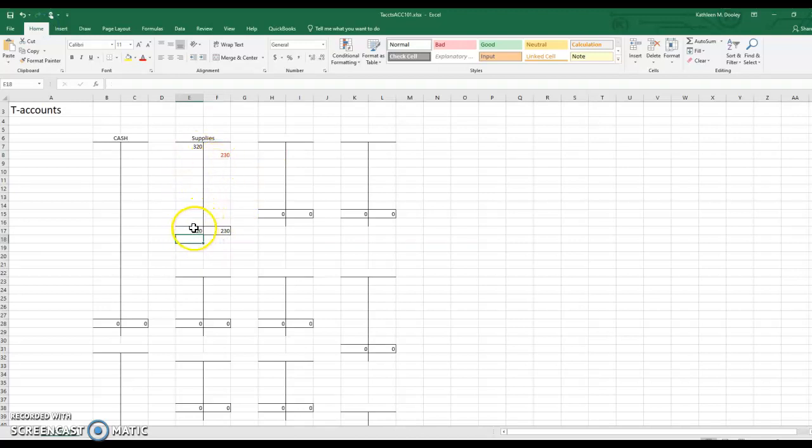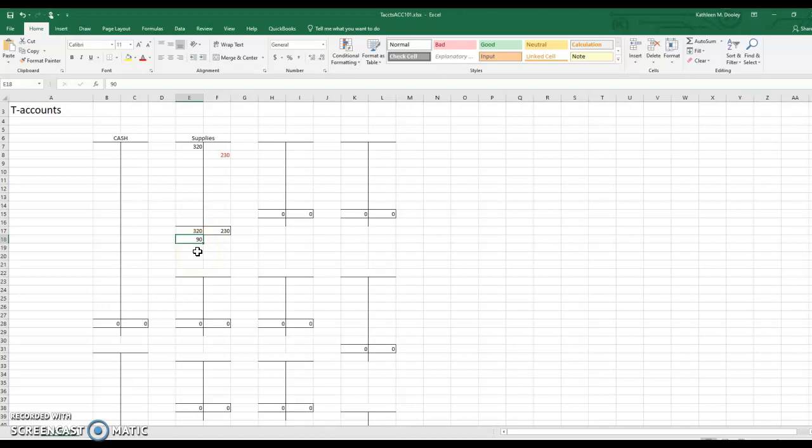We have $320 debit footing, $230 credit footing, big number minus the small number, and put it on the side of the big number, which is 90. Now our asset account equals what we actually, in reality, have on the shelf. That's what we want. This needs to be 90.